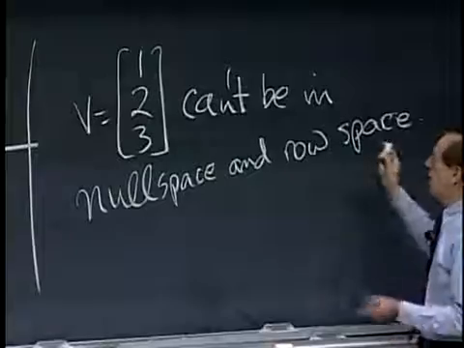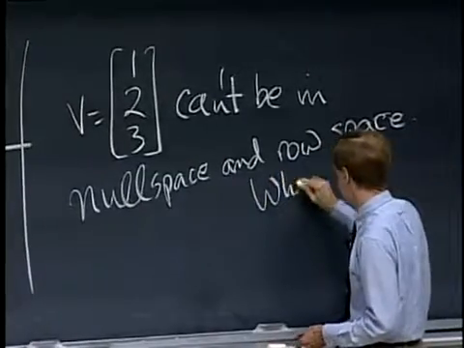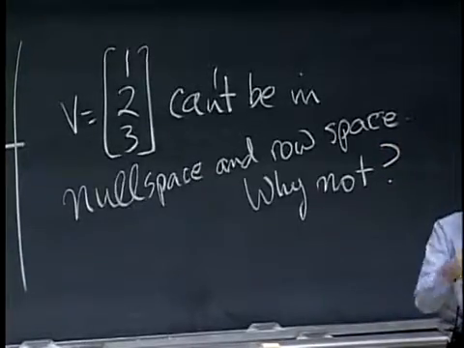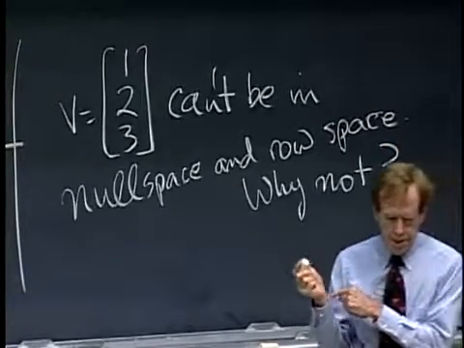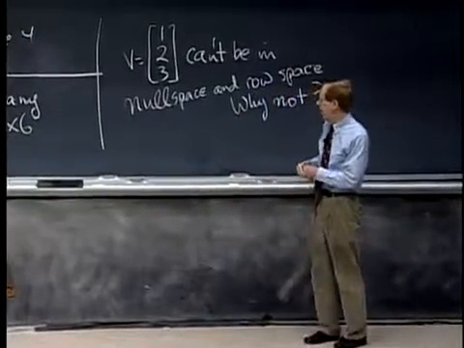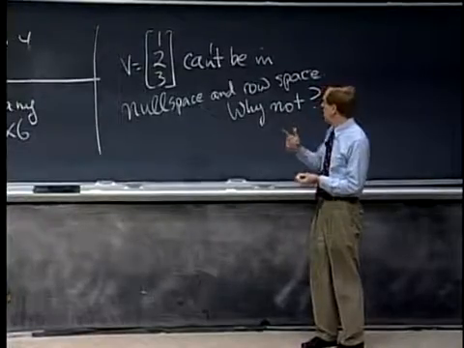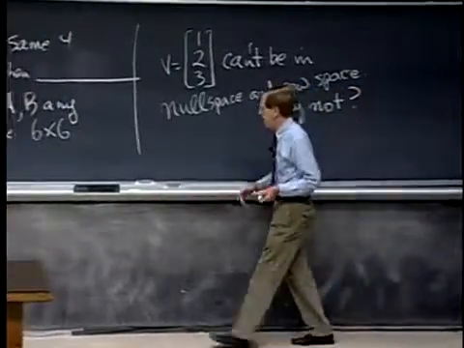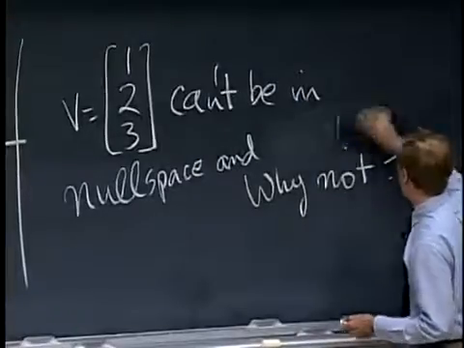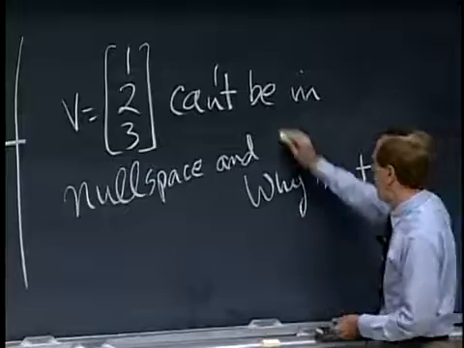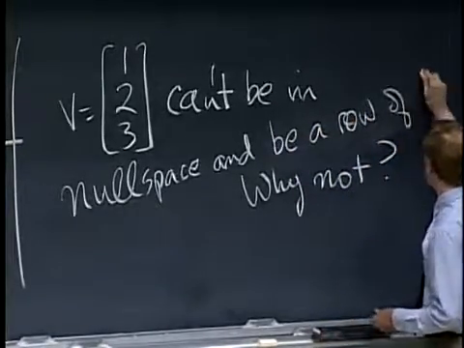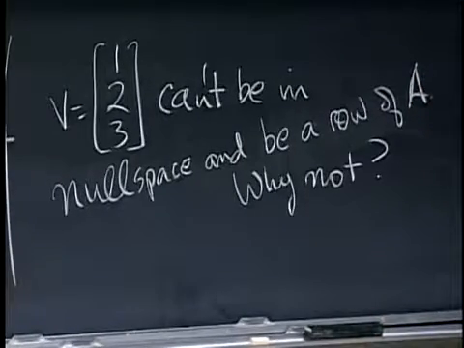And my question is, why not? This is a question that is asked in a straightforward way, so we can figure out an answer. I'll even pin it down: it can't be in the null space and be a row. I'll even pin it down further: ask it to be a row of A. Why not?